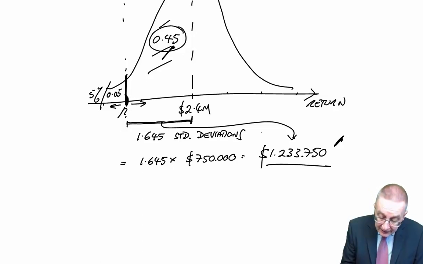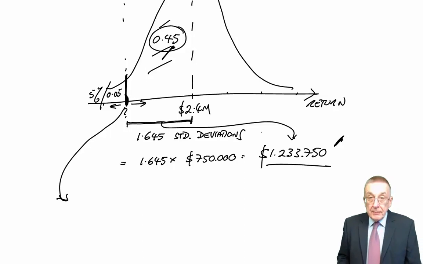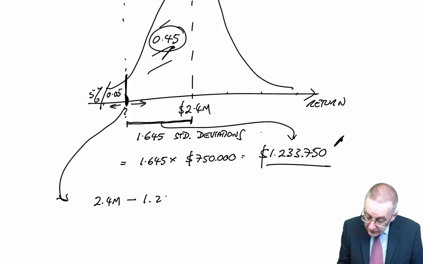Or if you prefer, the average, remember, is 2.4 million. We can afford to be that much lower, the distance away, 1,233,750.